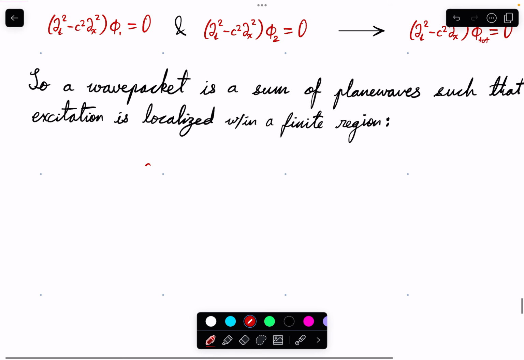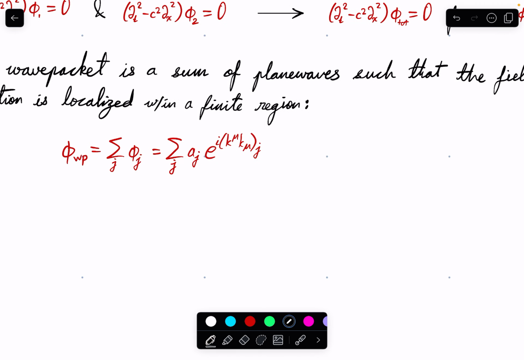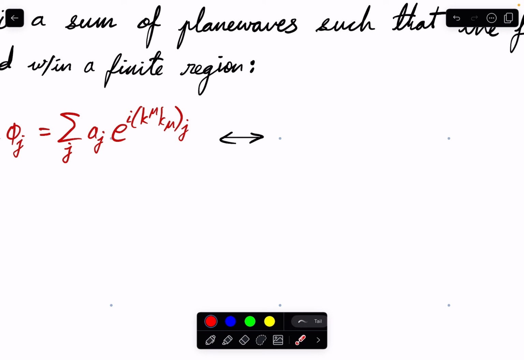So an example of that is you have a wave packet. It's defined as the sum of different waves, which can be thought of as having amplitudes, and then the actual wave component, which I'm just going to write as k mu, and they're going to be such that the sum of plane waves is a wave packet if and only if it represents a field excitation that is localized within a finite region. And it is here.